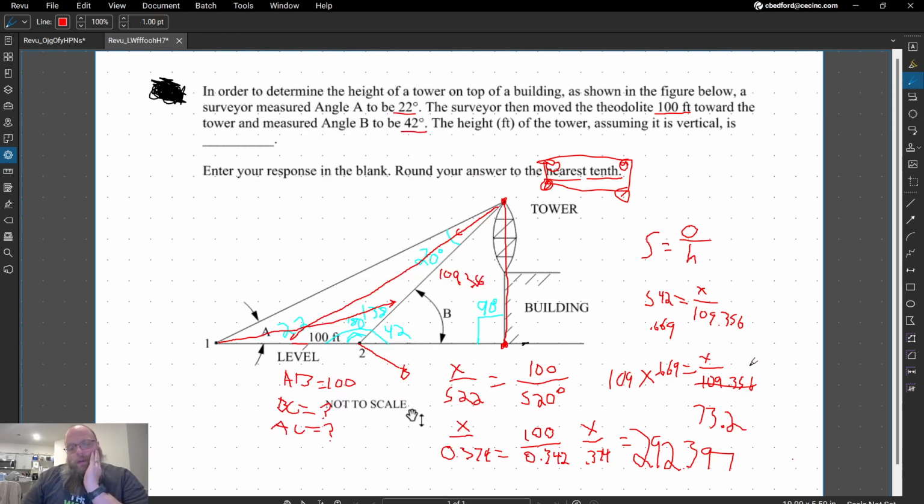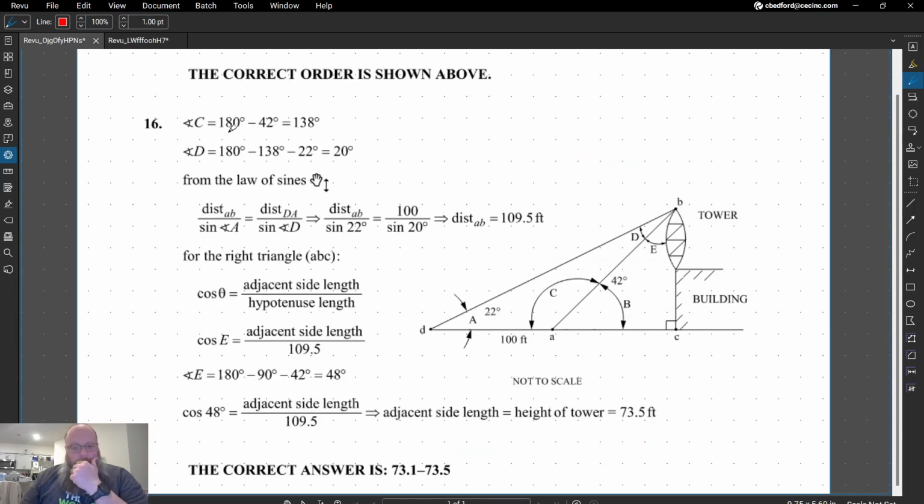All right. So there is our answer. Our height is 73.2. Okay. Now let's look at our range here. And here's the solution. Same thing we just came up with. But you see how the correct answer here is a range.